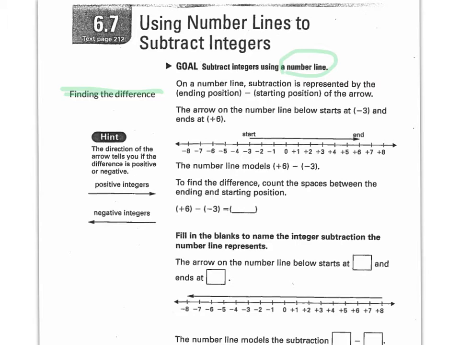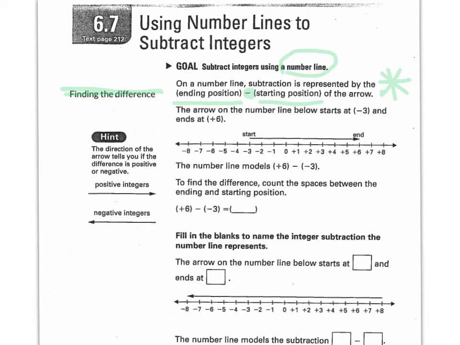On a number line, subtraction is represented by the ending position subtract the starting position of the arrow. This is the key to remembering how to subtract integers using a number line.